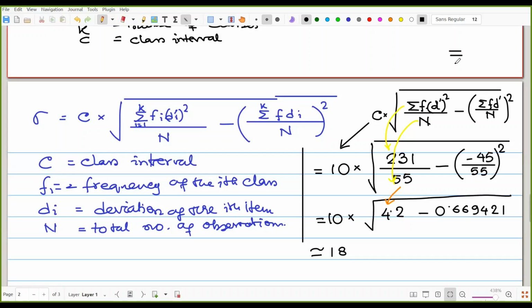That notation is called approximation, nearly equal to. So 18.8 marks. Now look at the unit once again, marks. In the case of variance, we write it as marks square, but in the case of standard deviation, we write it as marks, and moreover, it is always positive.